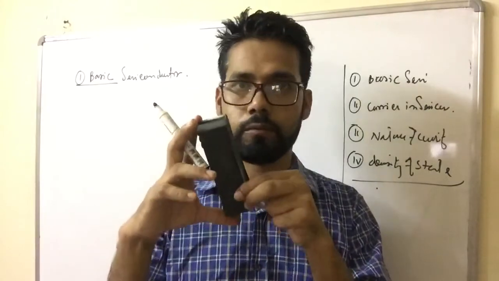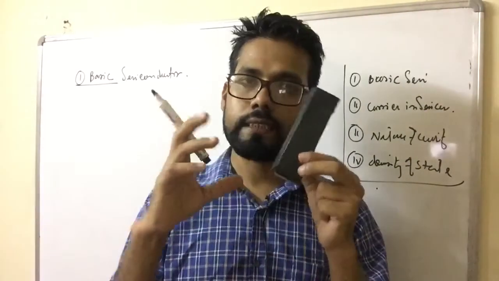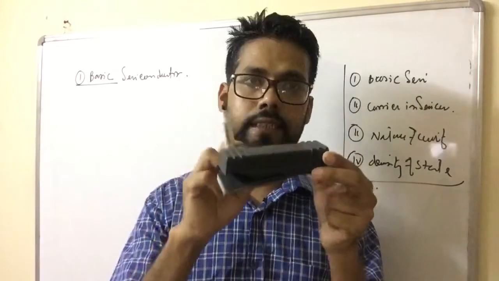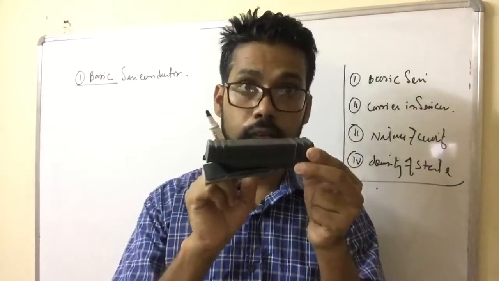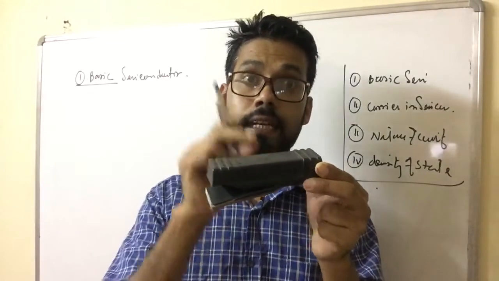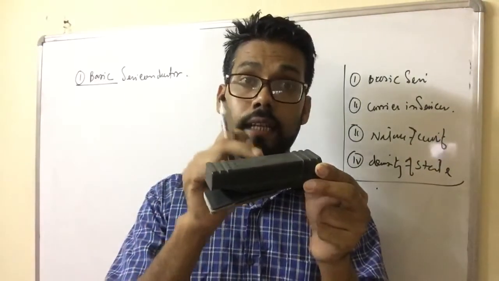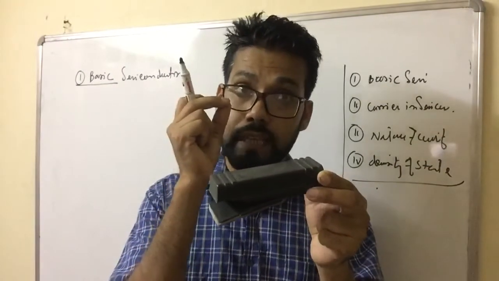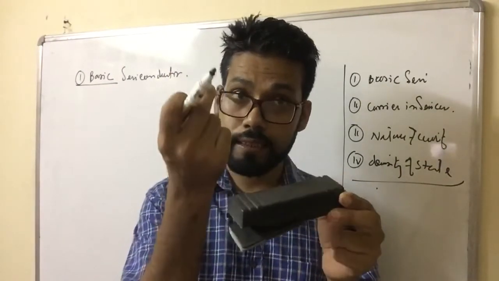Diode is a combination of two semiconductors. You may consider this a semiconductor block. If we understand the behavior of this whole block, then we have to analyze the minute particle associated with the semiconductor, or the atomic structure of one silicon.